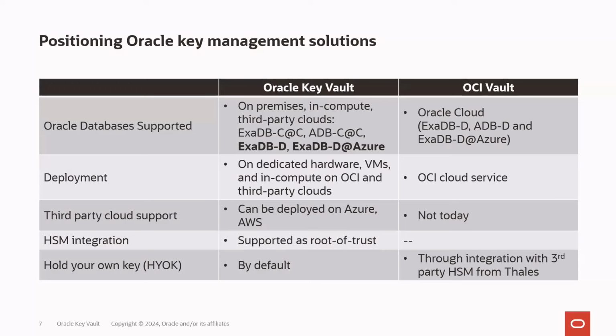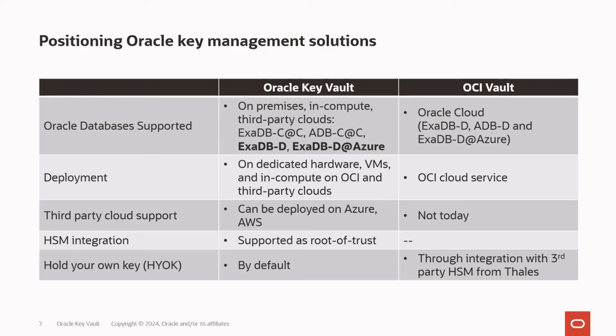So they asked us to give them the possibility to extend an OKV cluster from on-premise into OCI so that they can share encryption keys with a primary database, ExaDB Cloud@Customer, a standby database, ExaDB dedicated in OCI or in Azure, and use a common and known key management infrastructure.